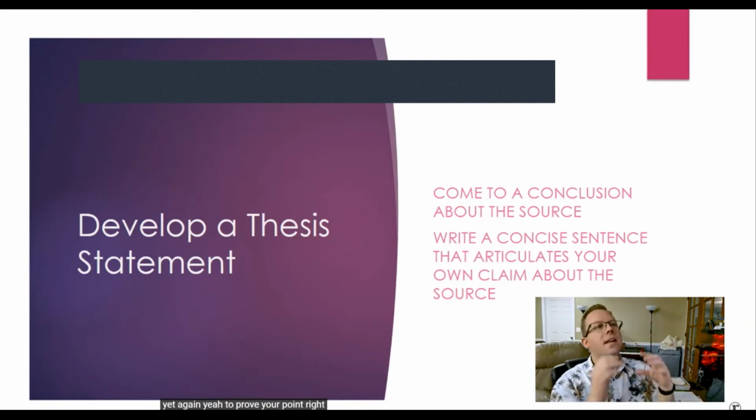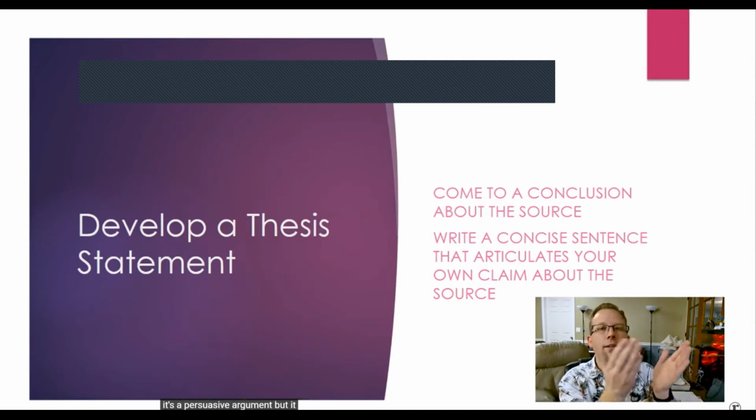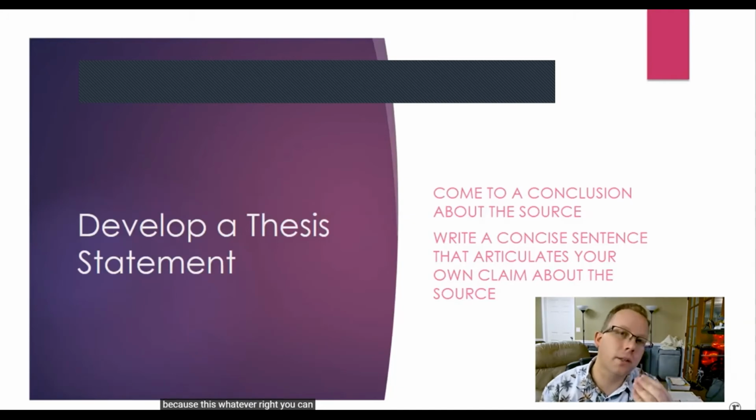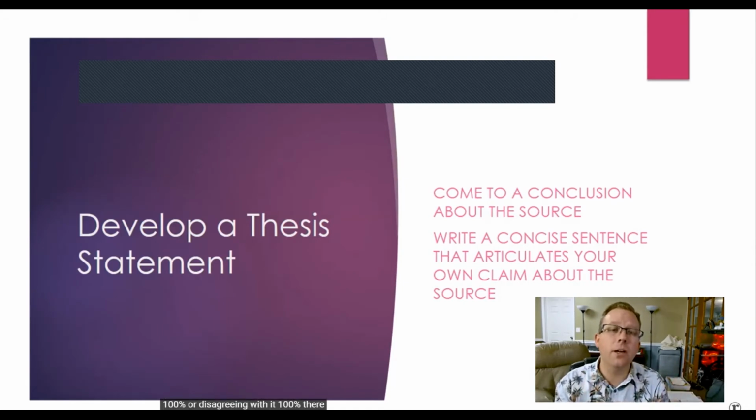Or if you say it's a persuasive argument, but it forgets this, then you point that out. Or if you're saying it's a great argument because of this, whatever, right? You can analyze something critically without agreeing with it 100% or disagreeing with it 100%. There could be a gray area. You just need to be clear where you stand and be able to explain your point clearly and effectively.